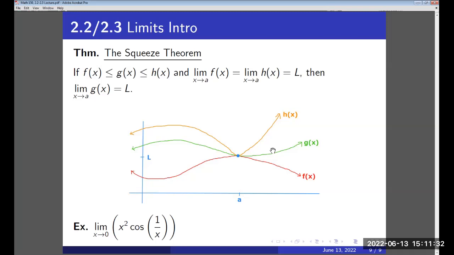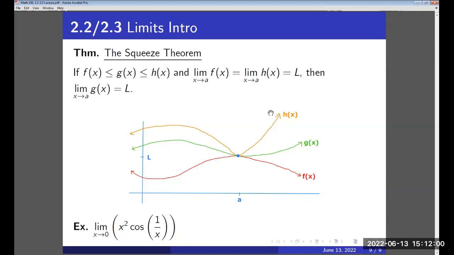Why would that be? The bottom function is headed toward L and the top function is headed toward L, so if something is in between them, it's getting squeezed between them, and it's going to have to go to L as well. Hopefully this picture makes it a little bit more clear. Here's f, always the bottom function. h is always above the other two.